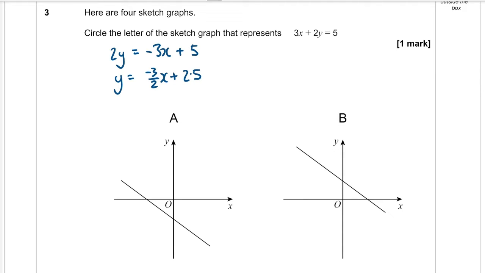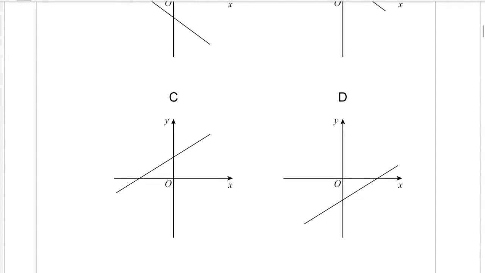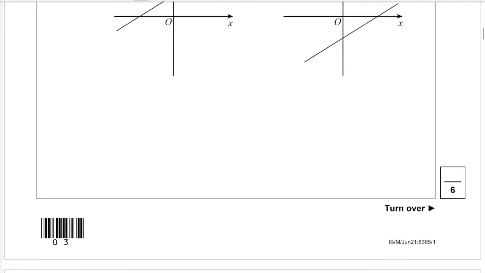So I have a gradient of minus 1.5 or minus 3 over 2, so a negative gradient, and I have an intercept which is positive. So I'm looking for the sketch, and I think it's this one, which has a negative gradient, i.e. going downwards, and has a positive y-intercept. And these two have positive gradients, so it's not those two.